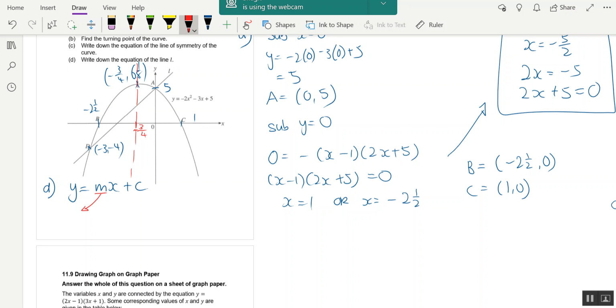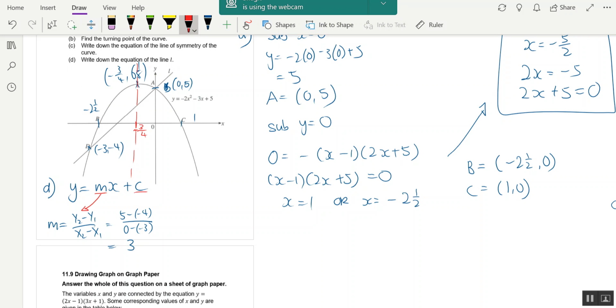M is the gradient. Formula for gradient, y2 minus y1 over x2 minus x1. Over here, the A coordinate is (0, 5). So I can use that. 5 minus negative 4 over 0 minus negative 3. Okay? And you will get 3.